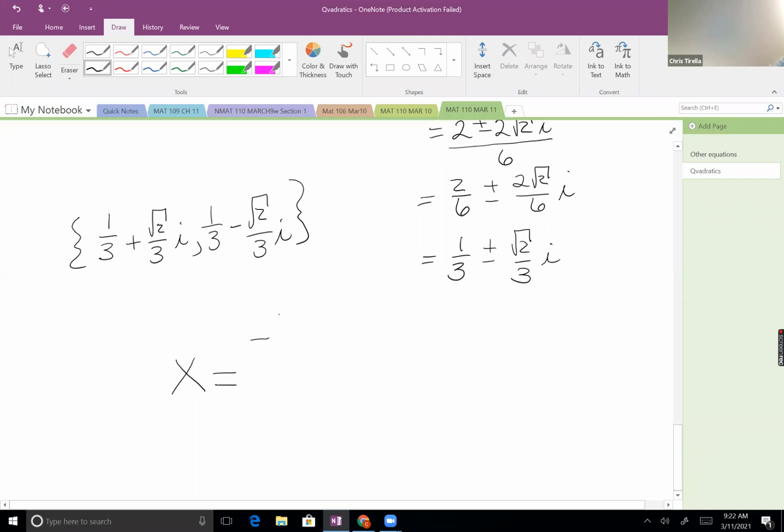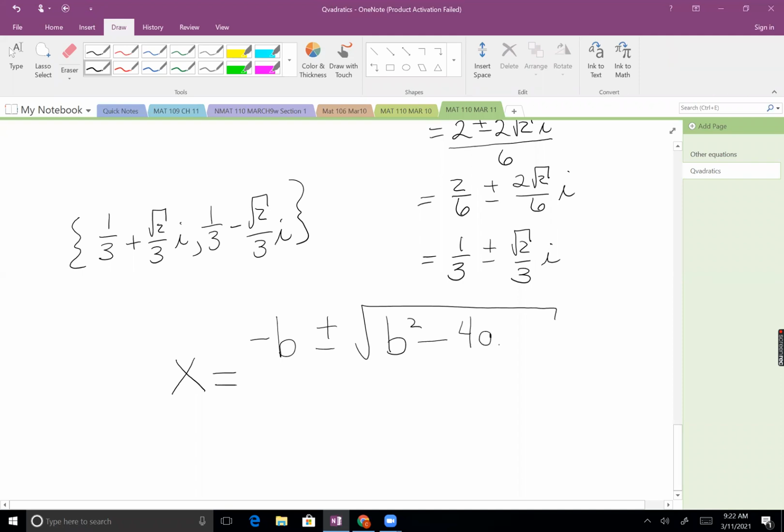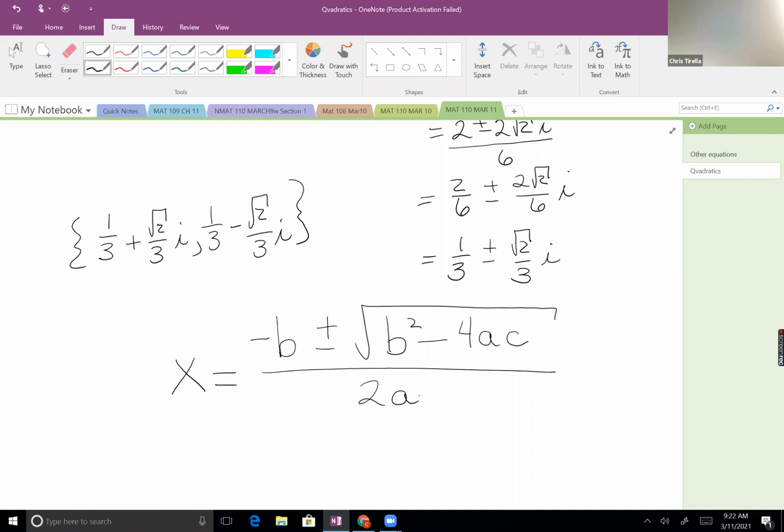Negative b plus or minus the root of b squared minus 4ac, beautiful, all over 2a. X equals negative b plus or minus the root of b squared minus 4ac, all over 2a.